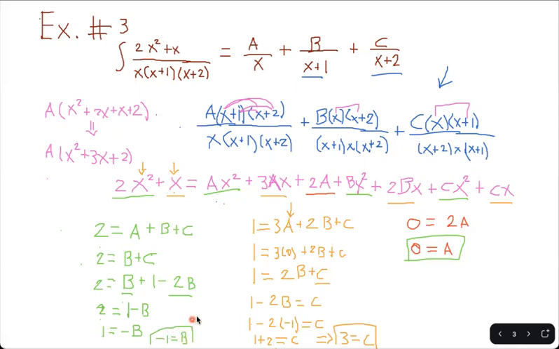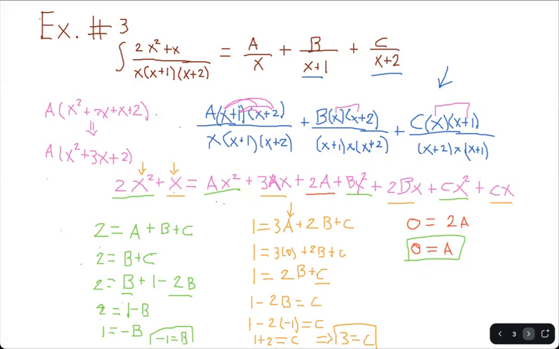With this in mind, we jump back to here. I plugged in negative 1 where b was. So we had negative 1 times 2, which is negative 2, but we changed it into a positive because we have a subtraction here. So we had 1 plus 2, which became 3 for c.